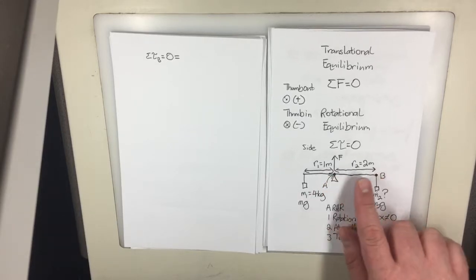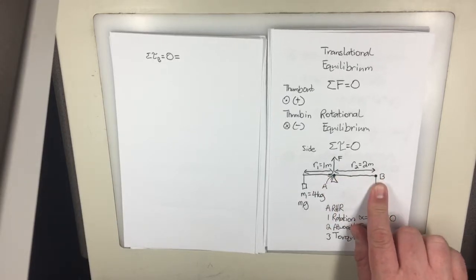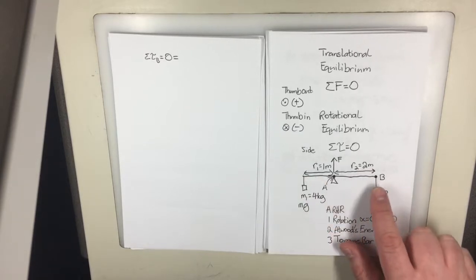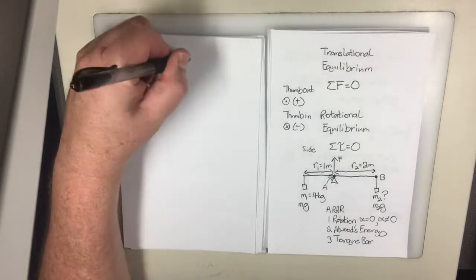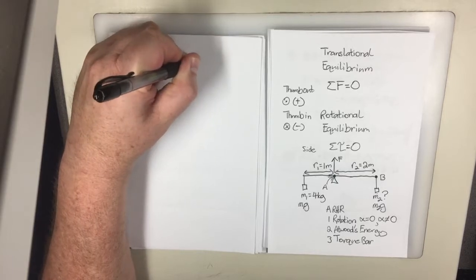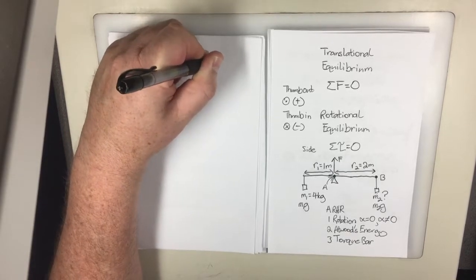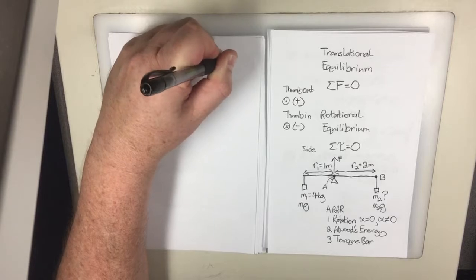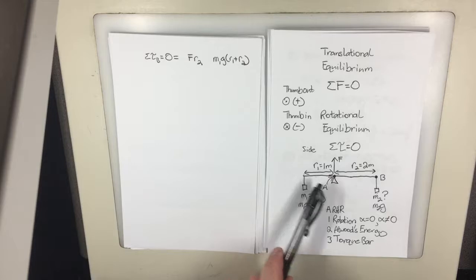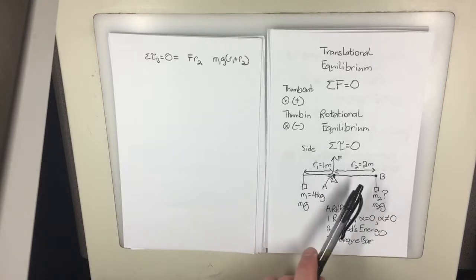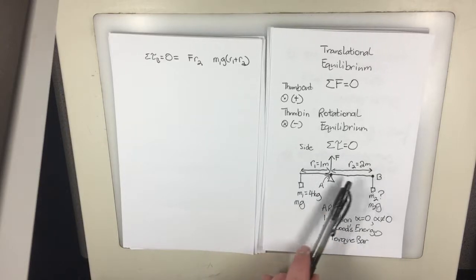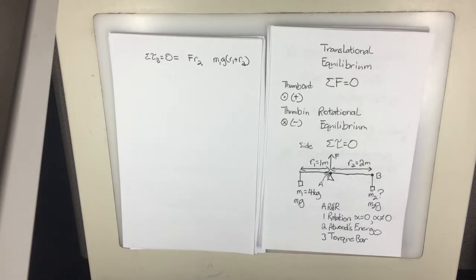F is a distance R2 from that pivot point, and M1 is a distance R1 plus R2 from the pivot point. So my two torques are F R2, and M1 G, R1 plus R2. R1 plus R2 because that's the distance from the pivot point to the force. F is distance R2.